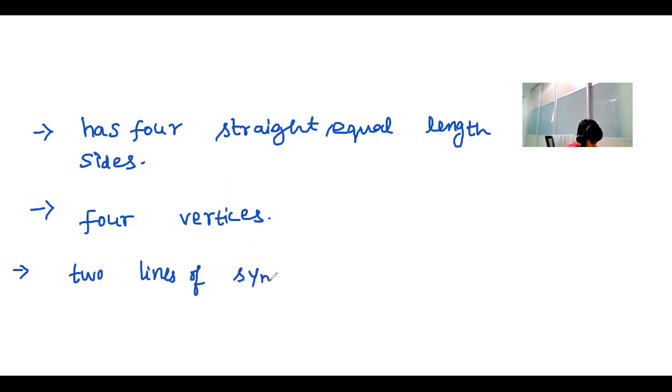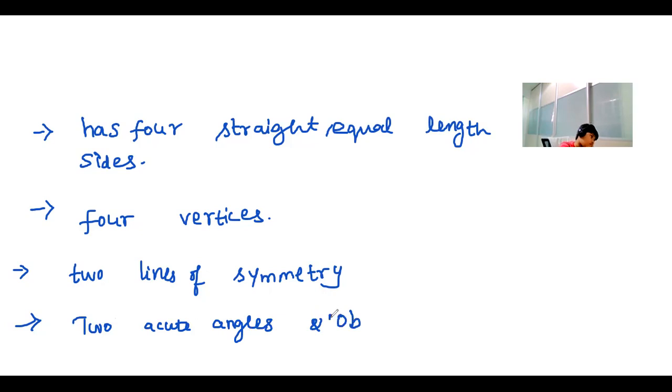And if you look at the angles inside the rhombus, you'll be able to notice 2 acute and 2 obtuse angles.